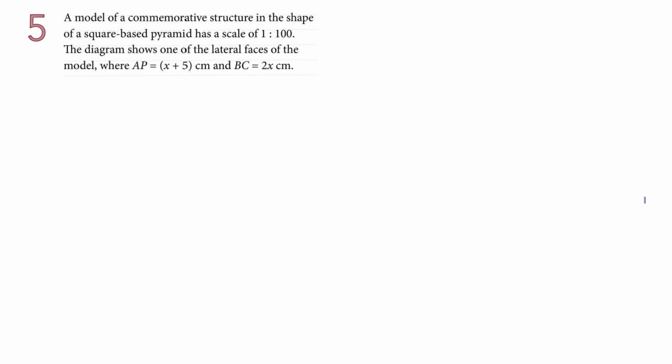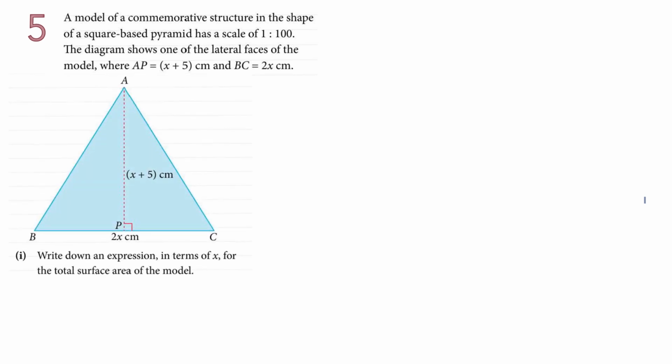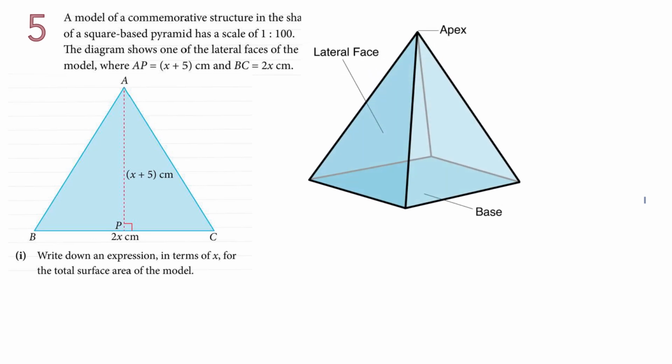Okay, so we are given a diagram, but this diagram shows only one of the lateral faces. It would be good if you can have a picture of how this square-based pyramid looks like. If you look at this picture, a square-based pyramid actually has 4 lateral faces.